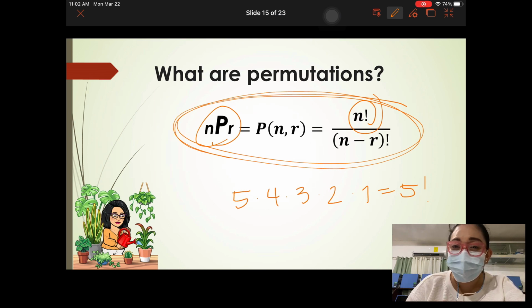Yung combination, ma-discuss natin yan next week. But for now, let's focus on permutations. So, again, when we say factorial, ito po yung i-multiply natin yung numbers of decreasing value. So, starting with the first number, which is 5. So, ang 5 factorial po ay 5 times 4 times 3 times 2 times 1. Okay?